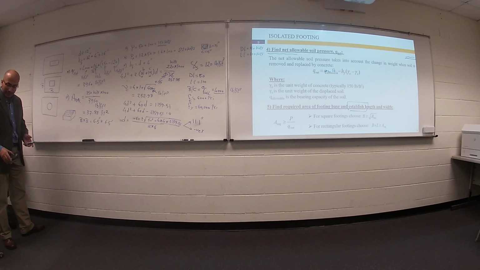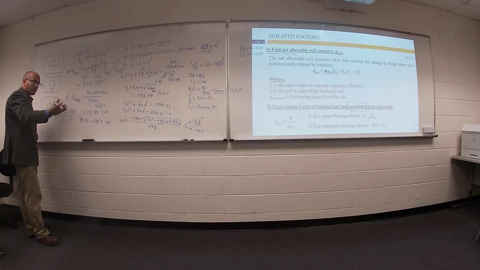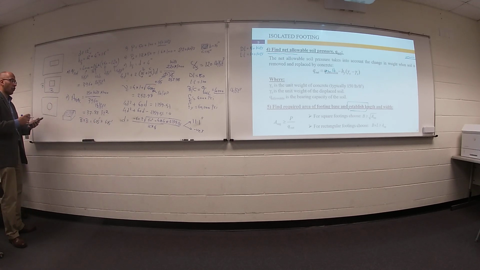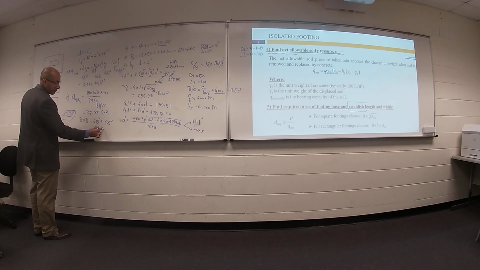We can decrease it maybe. 6.25. I cannot say 6.5 is wrong, but to be more economical, 6.25 times 6.25 is 39. You can make it 6.1 times 6.1.